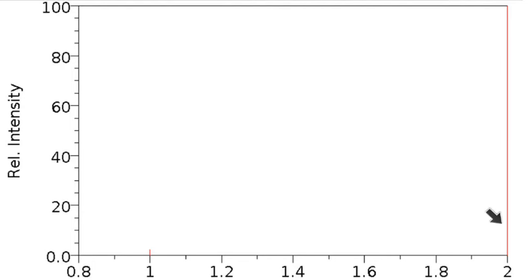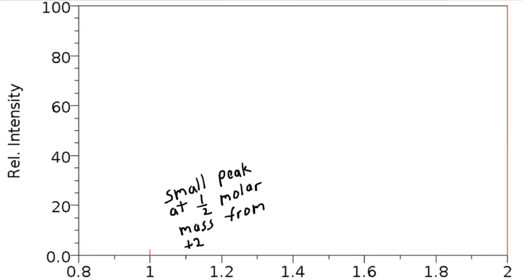Most of the signal is up here, and then you also get a very small peak in these graphs at half the molar mass from particles that get a +2 charge, because it's mass over charge. So a +2 charge will give you half the mass as you expect. And then the rest of it is H2. Hydrogen has really a lot more of it that is hydrogen 1 than deuterium or tritium.